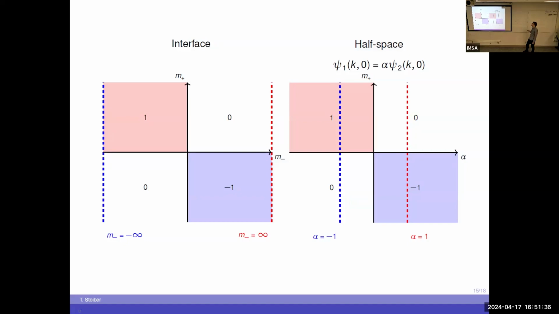On the half-space, we can also be more general and take a boundary condition which just relates the first and second spinor component by some proportionality constant. The phase diagram in both cases looks the same. Indeed, in some sense they overlap, because the line where alpha is -1 or +1 is exactly the line where we have this positive or negative mass.